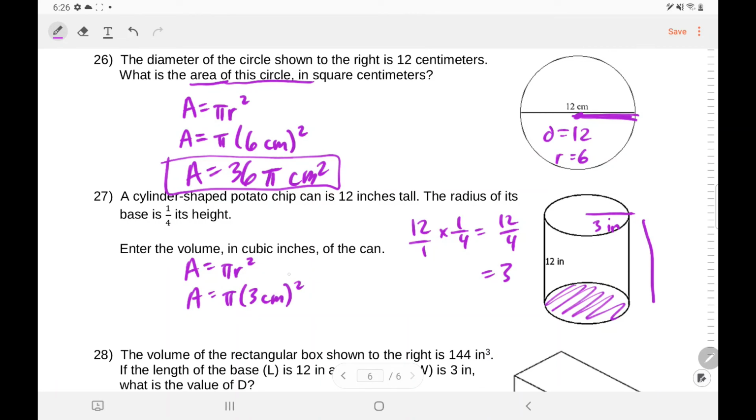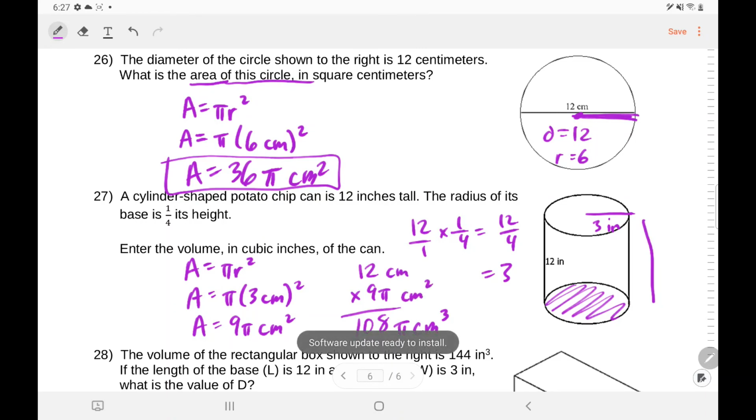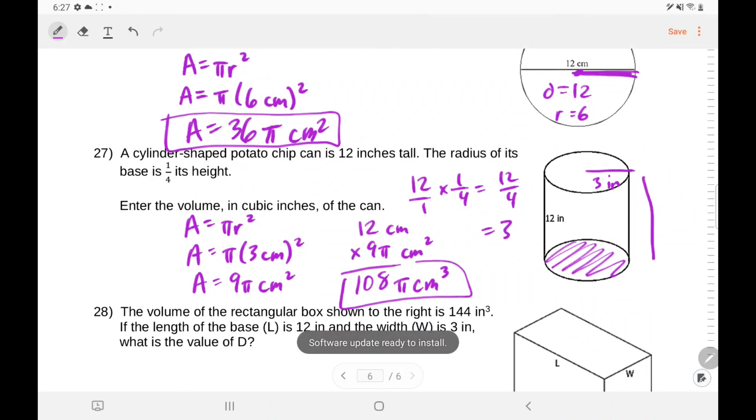So 3 squared means 3 times 3, which gives us 9 pi inches squared. That's the area of our circle. Our height is 12 inches, so we're going to do 12 times 9 pi. Well, that's going to give us 108 pi inches cubed, because inches times inches squared is inches cubed. So final answer, or volume, 108 pi inches cubed.